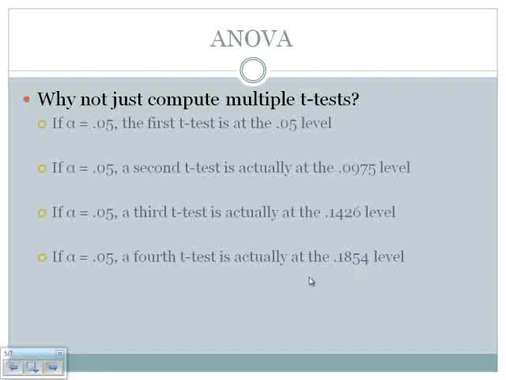And so that is the reason that you need to use analysis of variance, because what analysis of variance does is it takes all of these combinations or comparisons into account. And if you're working at the 0.05 level, that omnibus test is at the 0.05 level.